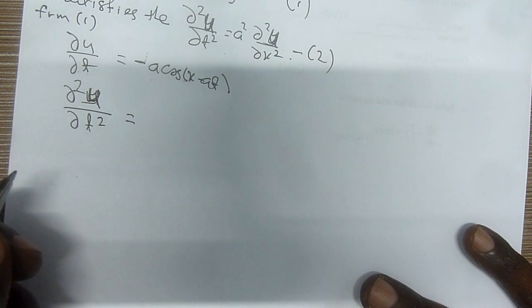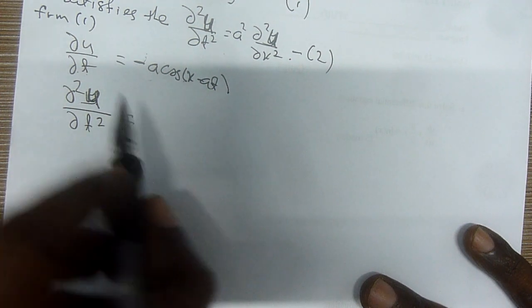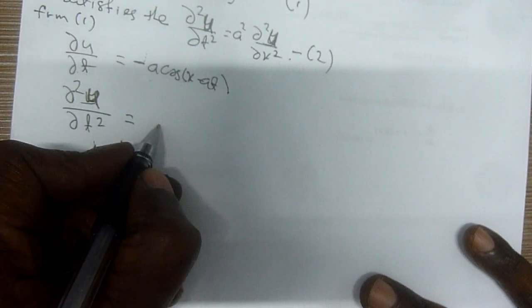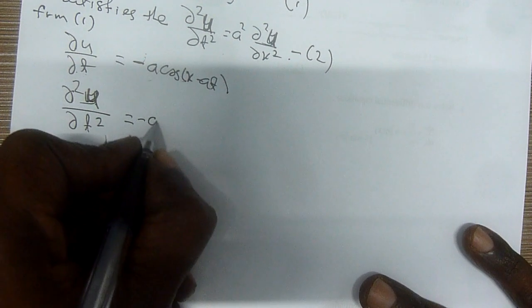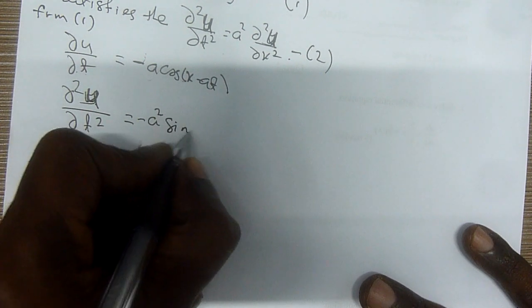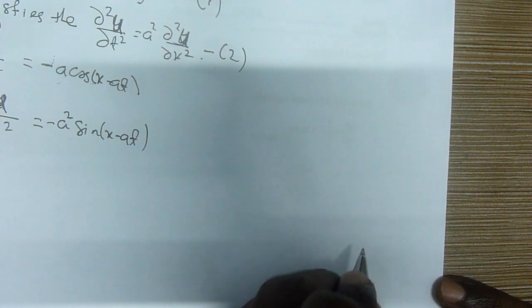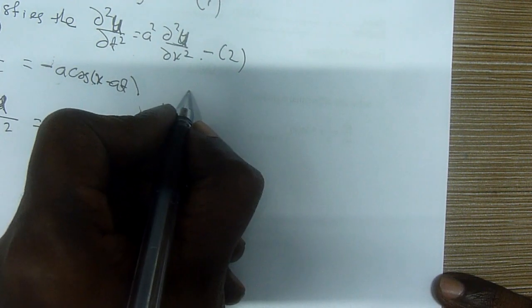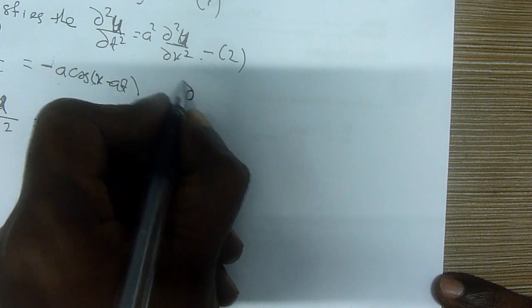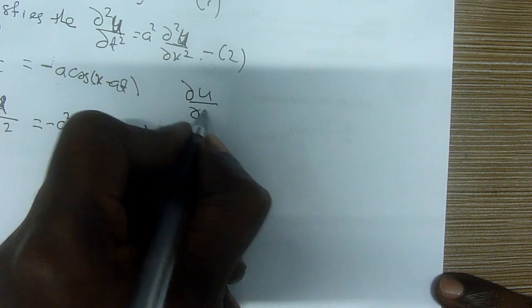Now here, similarly, I need to differentiate this again. I will get a squared sine x at. The same approach I'm going to use for del u del x.